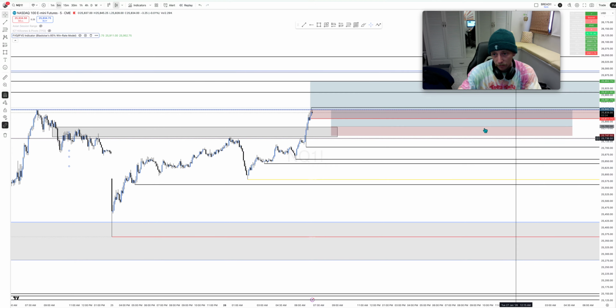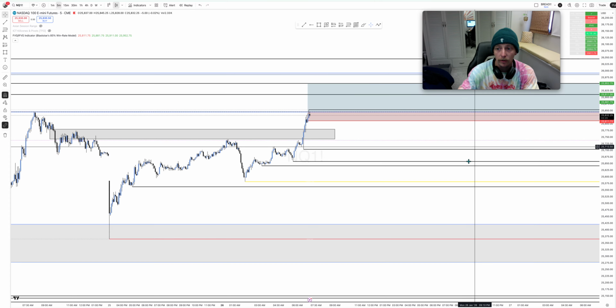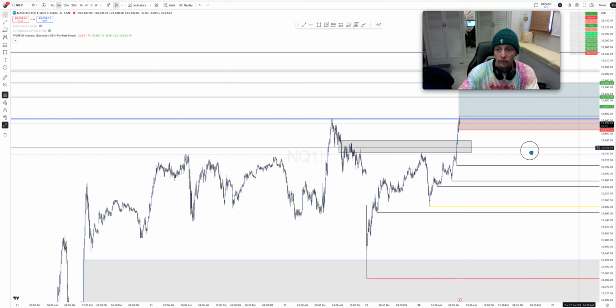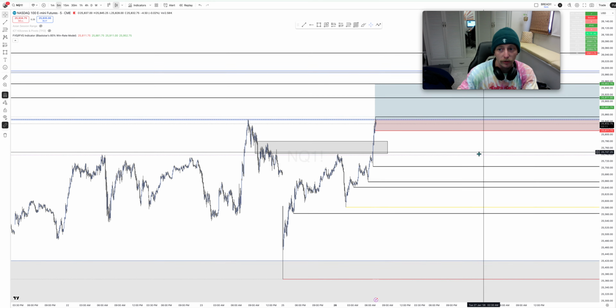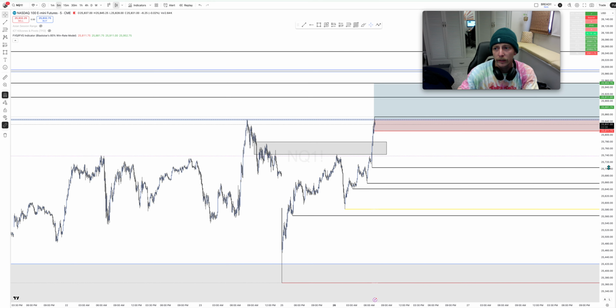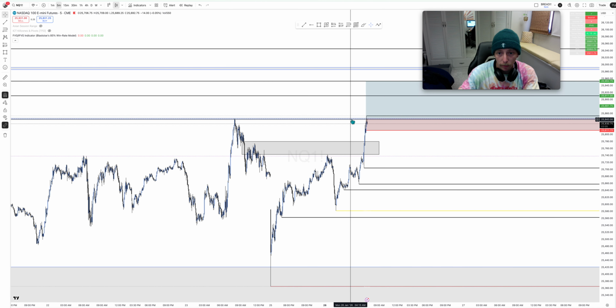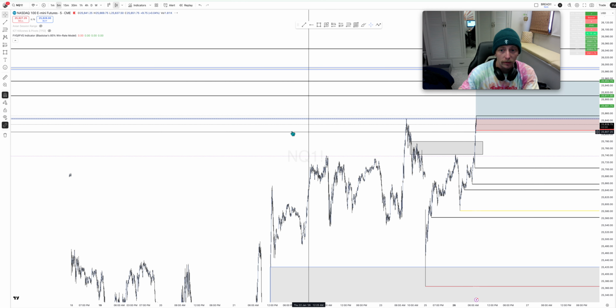Even when I go down to the lower time frame on the 5-minute, we have a trade set up on NQ for longs. The indicator works for both the higher time frame and lower time frame, so 15 and 5. I don't think it works that well on the 1-minute, but we can see that this blue bar right here is a 5-minute gap on previous.